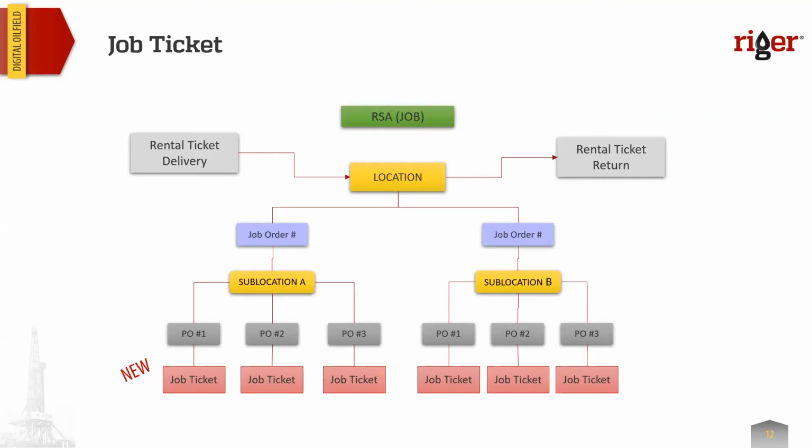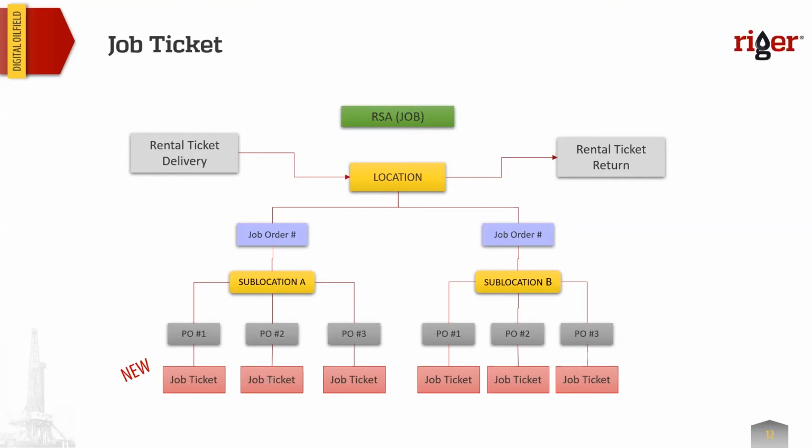So what is the job ticket? That's a separate document in the database, which will have two new fields. Definitely it's a job order number and PO number. And you can have as many job tickets as you need per day. And you allocate equipment now to these job tickets.